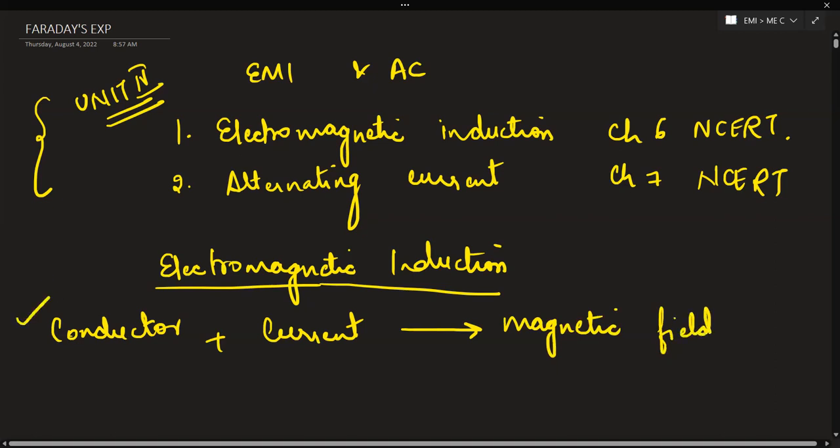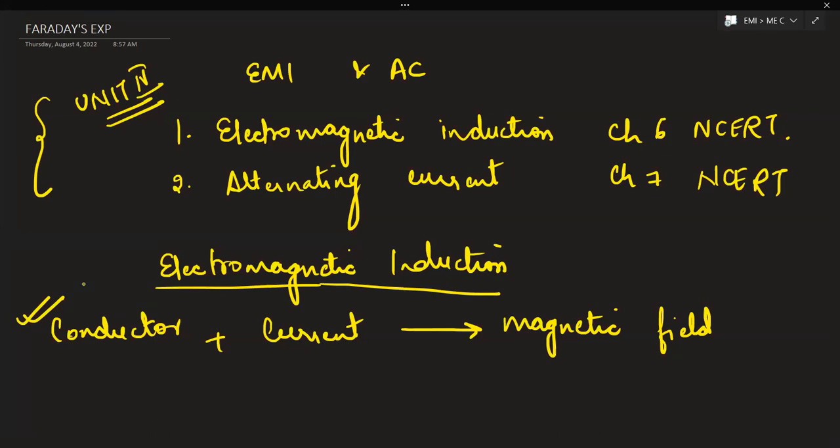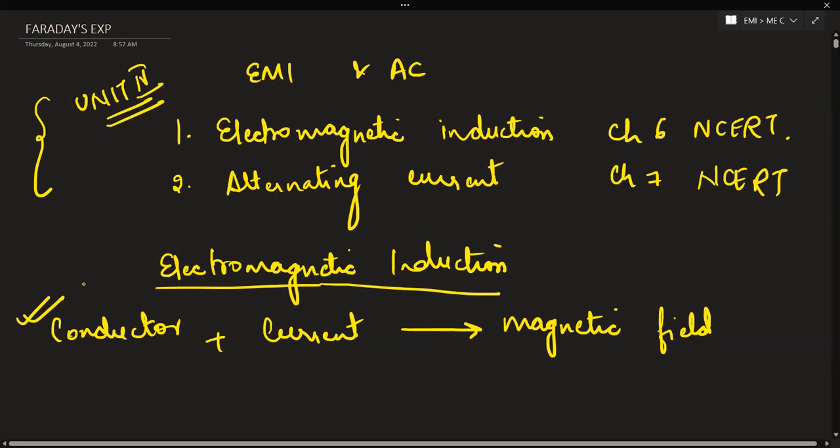This was already proven, and you have all studied that a current carrying conductor produces a magnetic field. That's why you are able to derive all those formulas for the direction and magnitude of the magnetic field of a current carrying wire.